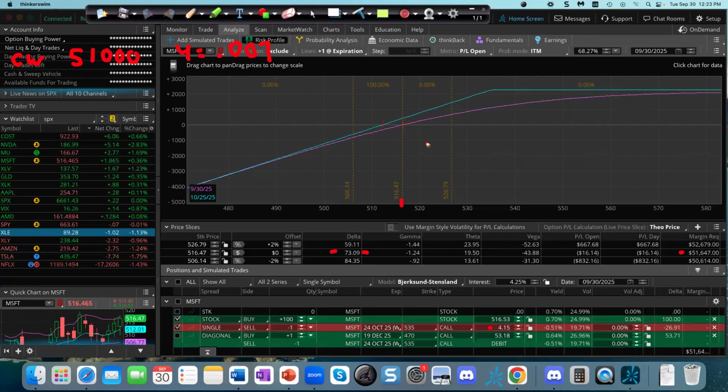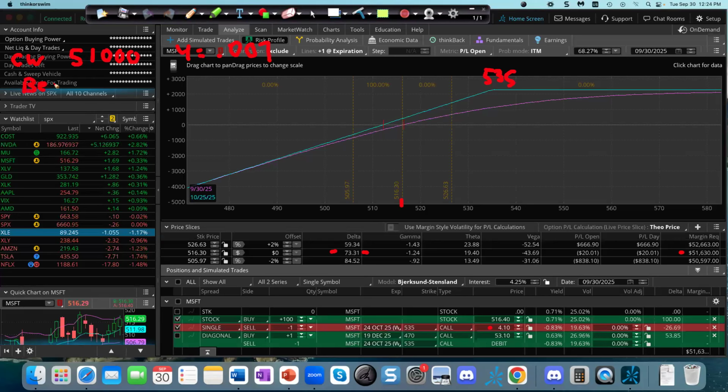In the best case scenario, if the stock went up to our short strike, 535, but didn't go beyond it, you can make about $2,200. You see the number in blue is at expiration. How does it come up with $2,200?